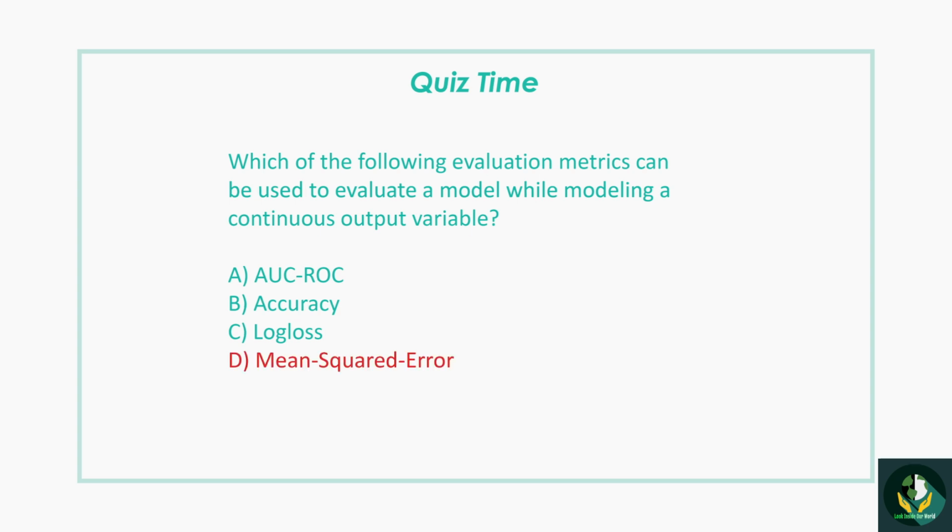The solution is D, mean squared error. Since linear regression gives the output as continuous values, in such a case we use the mean squared error metric to evaluate the model performance. The remaining options are used when dealing with classification problems. We will discuss classifications in the coming section.